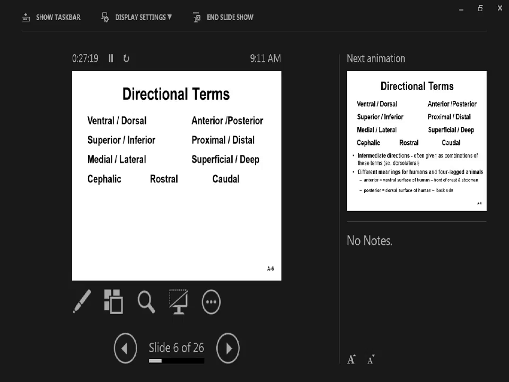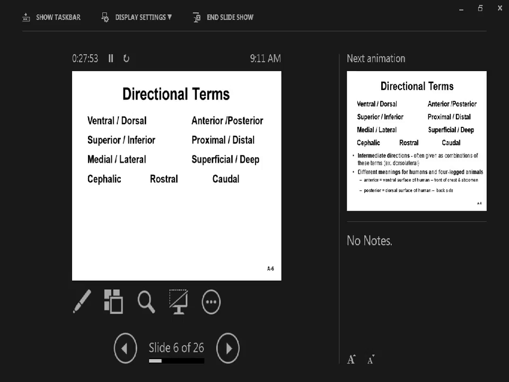Caudal is towards the tail in animals, and in us, the tailbone or the spinal cord. So caudal in us means kind of the same thing as inferior, right? This is your tailbone right here, caudal. It's farthest away from the head.